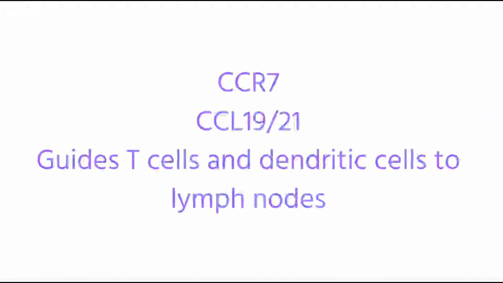For example, CCR7 binds CCL19 and 21, and its role is in T cells and lymph nodes.